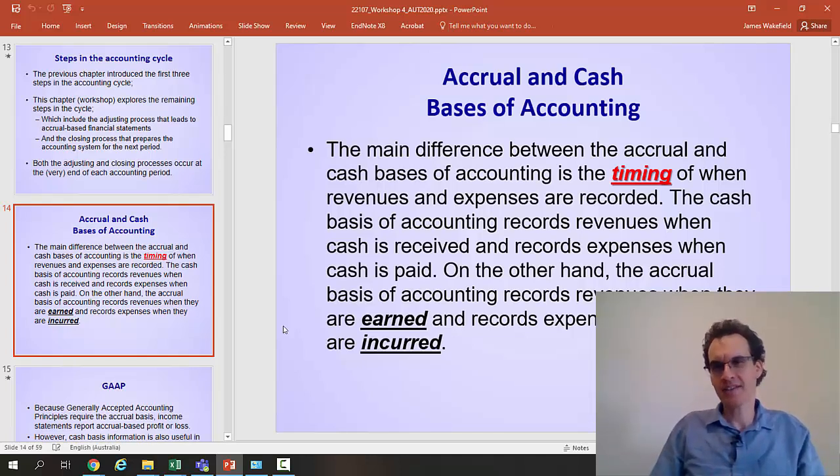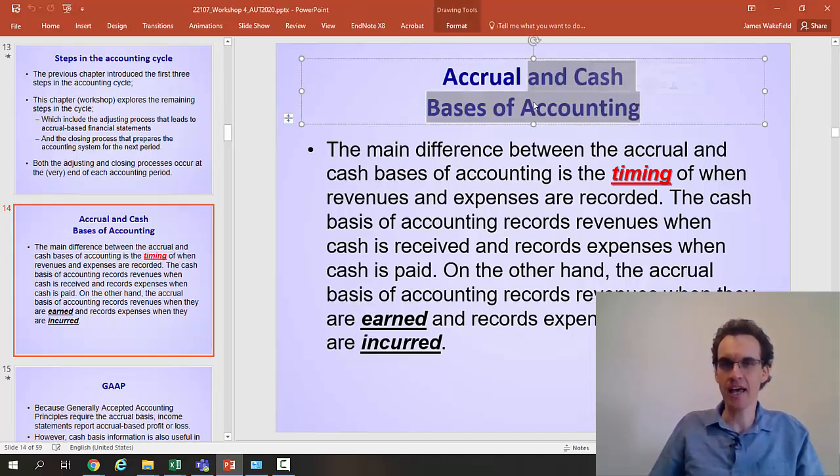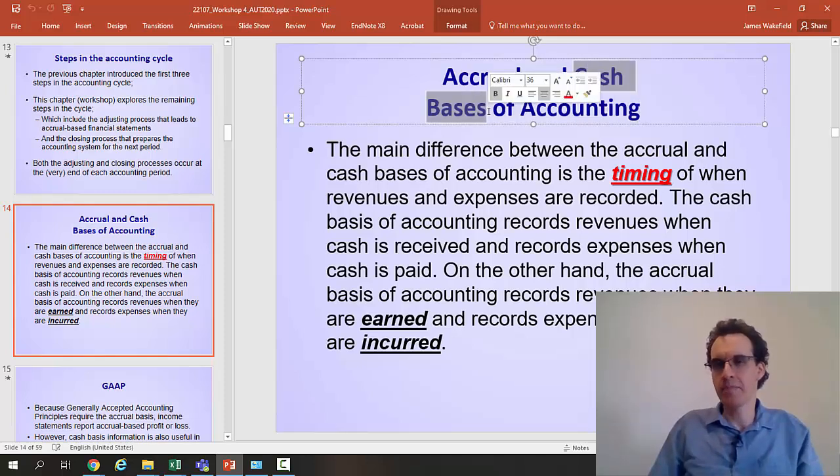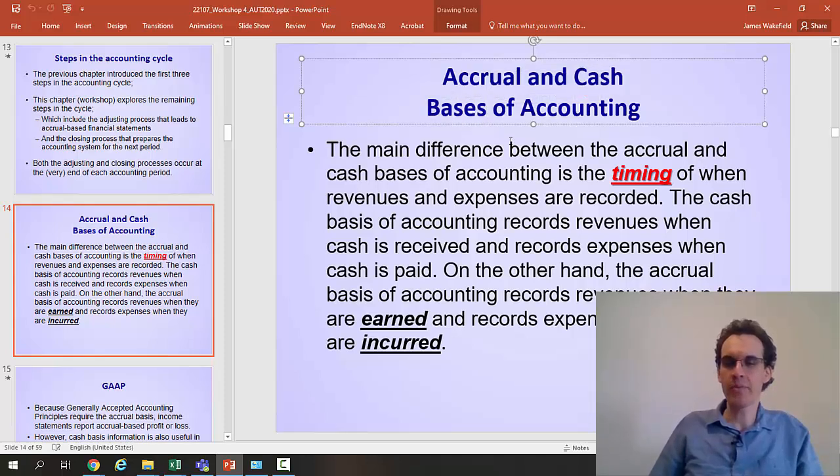In the accrual accounting system, of course, they don't record an expense at the time of the cash outlay, but they record the expense when they use up that particular resource. Ultimately, the business will use up that resource and recognize the expense at that time and make adjustments at the end of the period to bring it all up to date. Therefore, ultimately, accrual and cash basis of accounting will give you the same profit numbers over the long term.